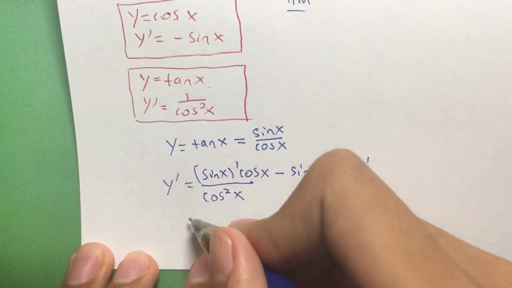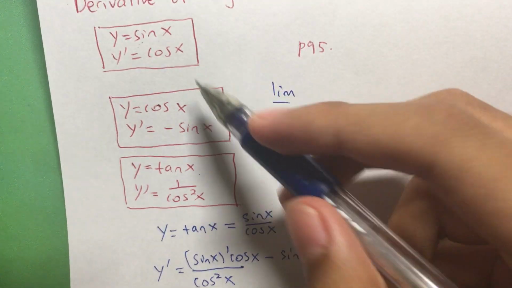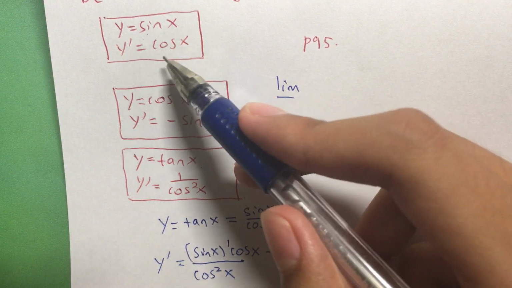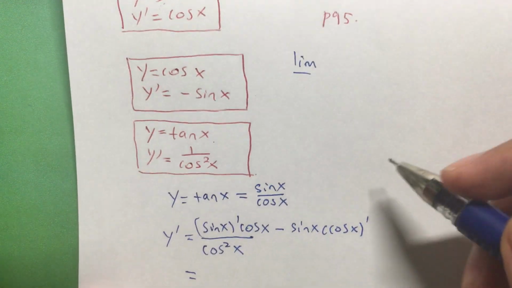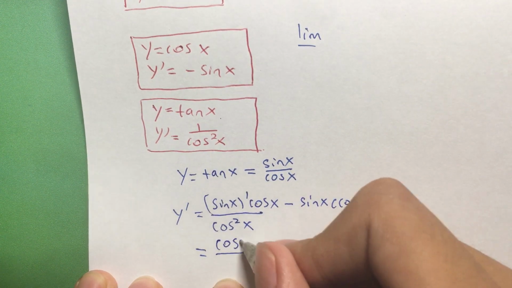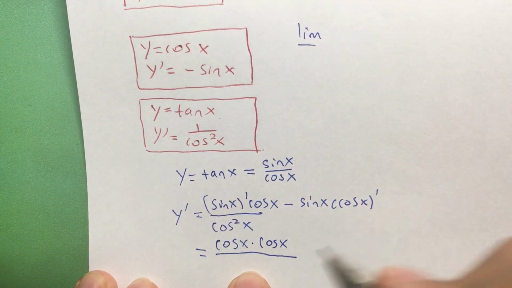By using these two formulas, the differentiation of sine x is equal to cosine x. So the derivative of sine x is cosine x, times cosine x.